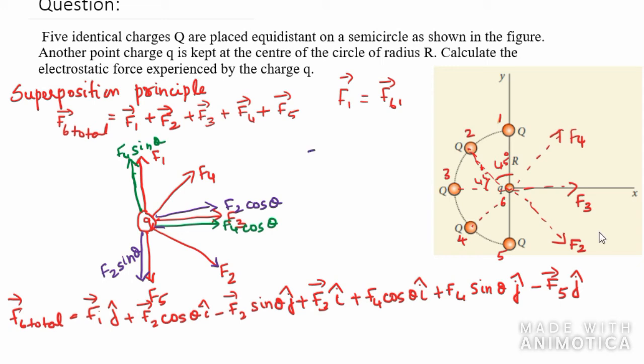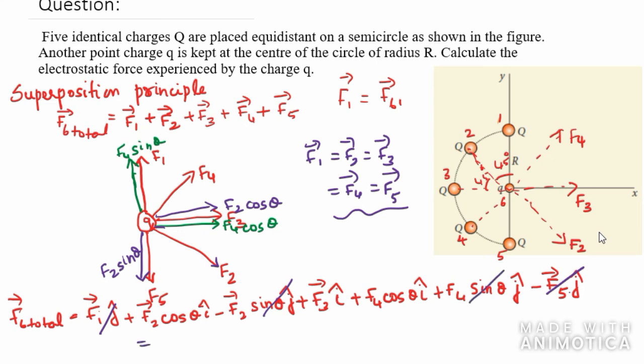I have already told you that the magnitudes of all the forces are the same, as they are at equal distance. So F1 equals F2 equals F3 equals F4 equals F5. The magnitudes are the same, but the directions are different. So F1 J and minus F5 J will cancel. Again the sine components, F2 sin theta J and F4 sin theta J, also cancel.